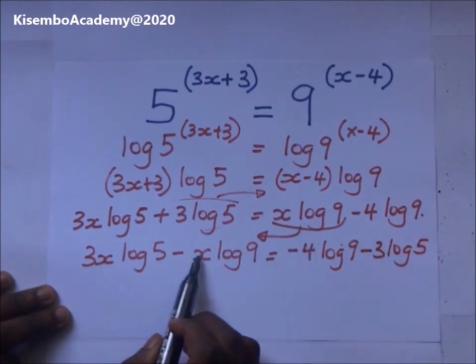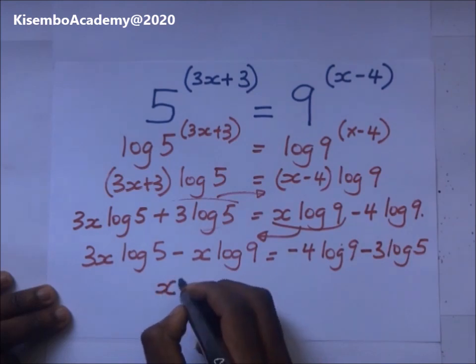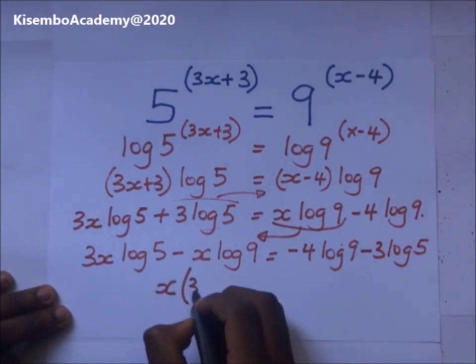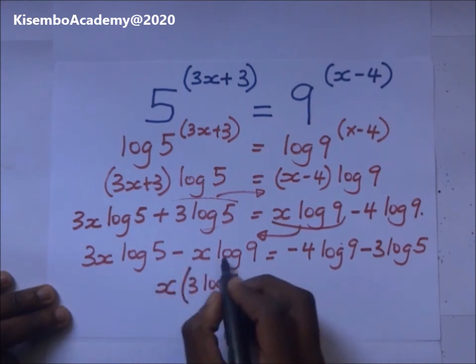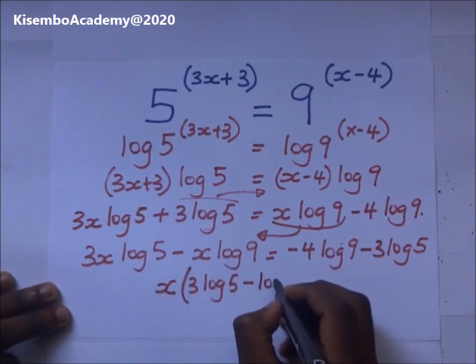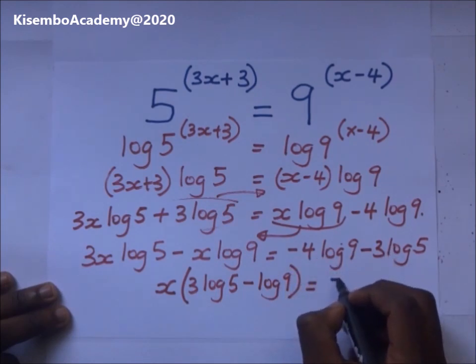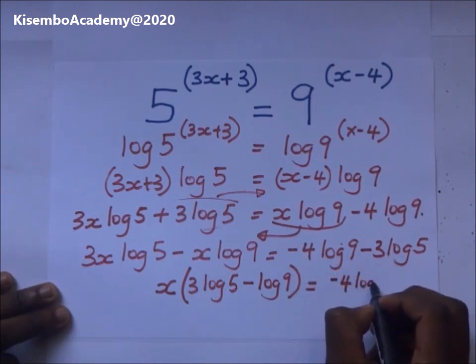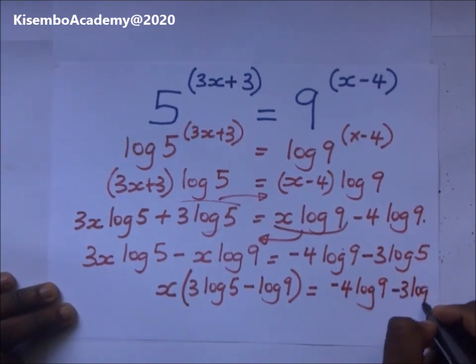So here we factorize out x. So x is outside the brackets into 3 times the log of 5 minus log of 9 is going to give us, this is negative 4 log of 9 minus 3 log of 5.